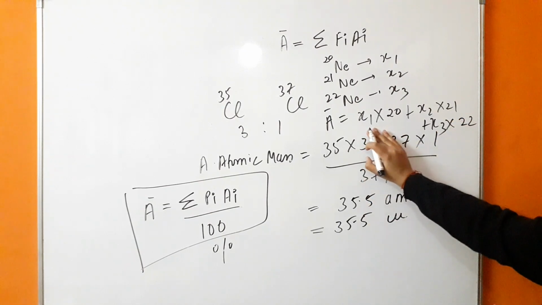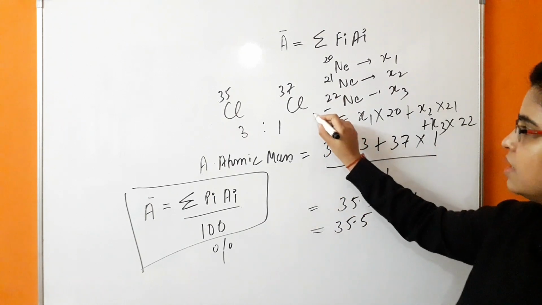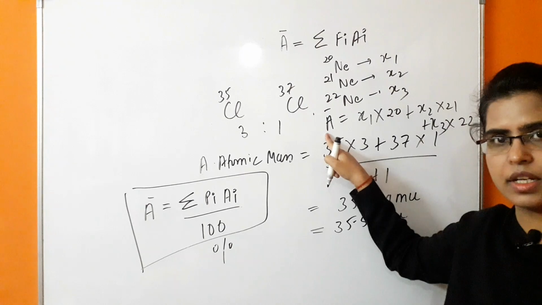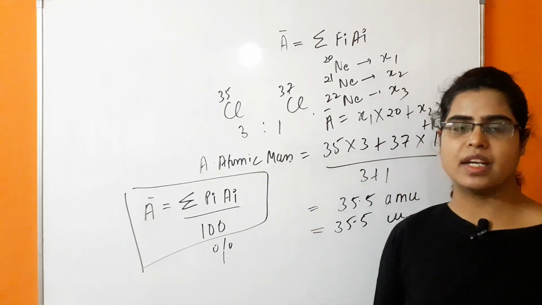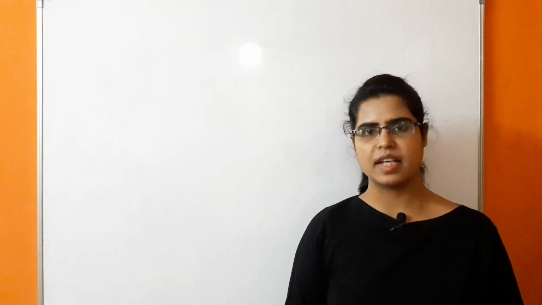If the value of fractional abundance is given in the question, then we can easily determine the average atomic mass of a particular element. So these are the three formulas used for determining the average atomic mass of a particular element.